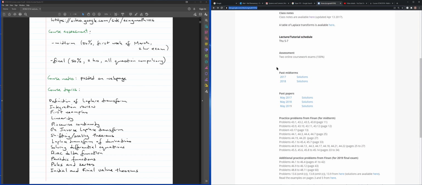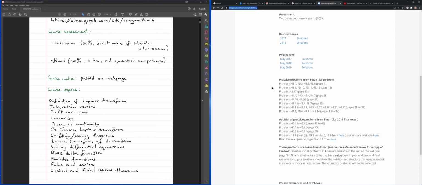What you want to notice is that on this web page we have some past papers with the solutions and also some past midterms. These are not bad. These will give you an idea of what the content of the course is going to be. But given that the assessment is online, the questions in these online coursework exams won't match exactly your past midterms and past papers, but these won't hurt for practice.